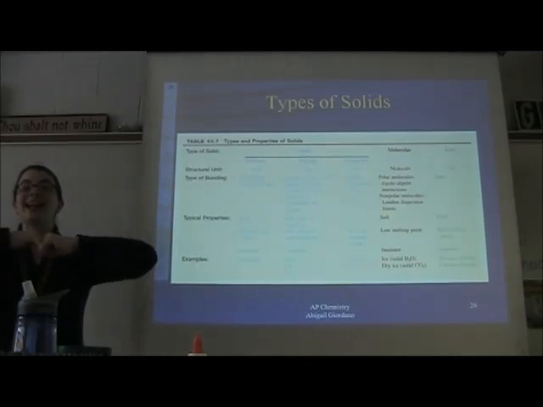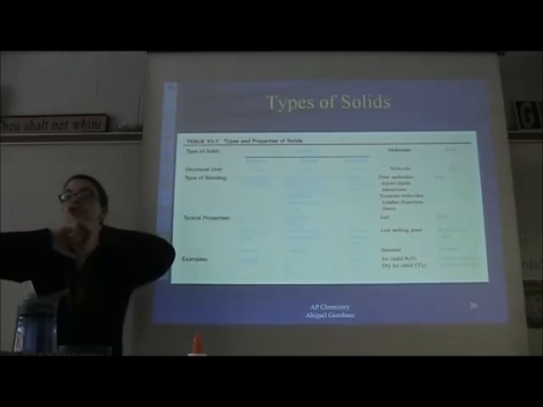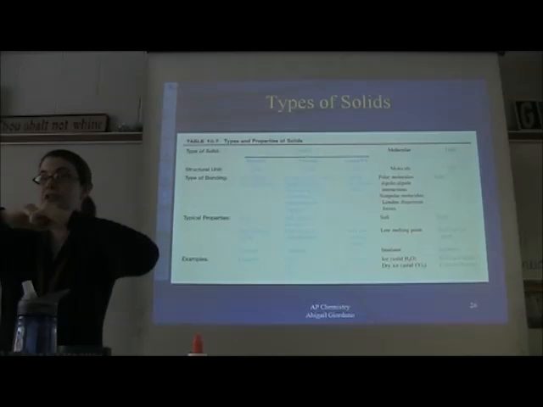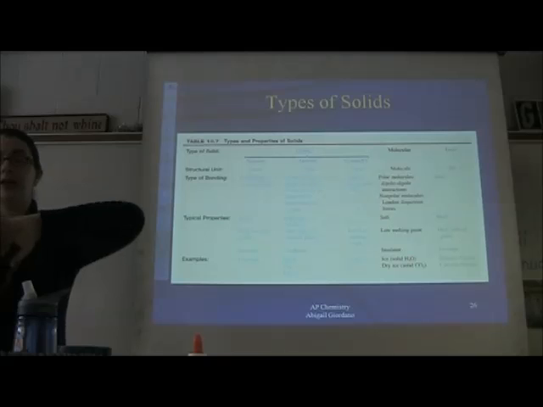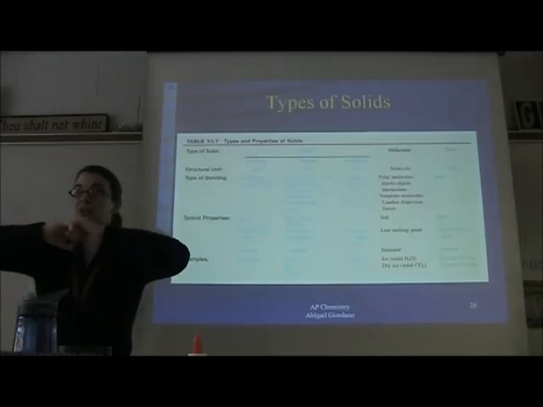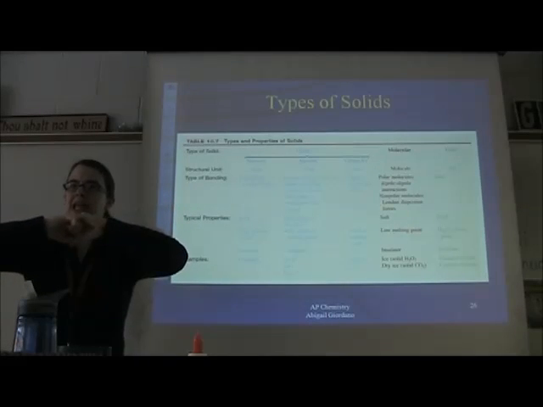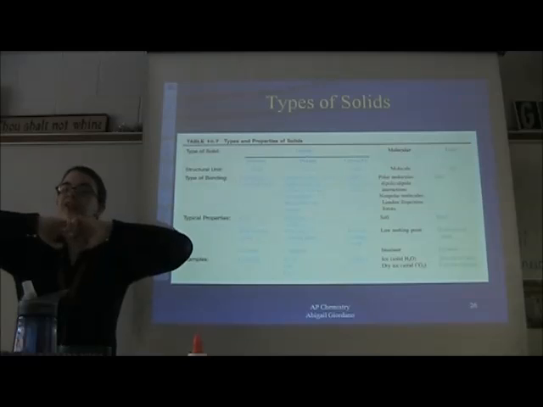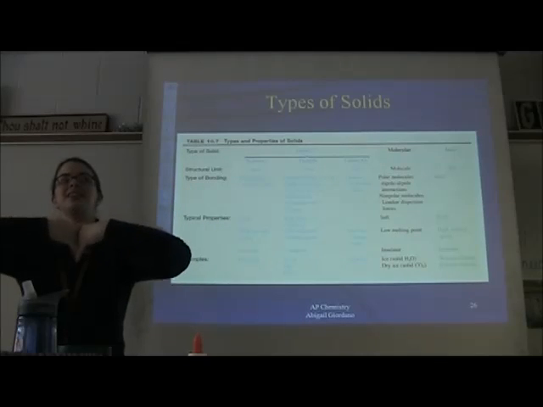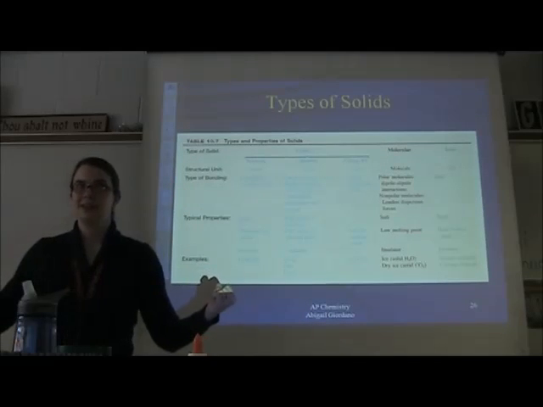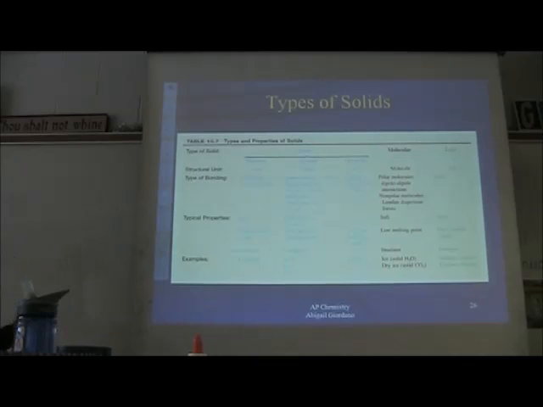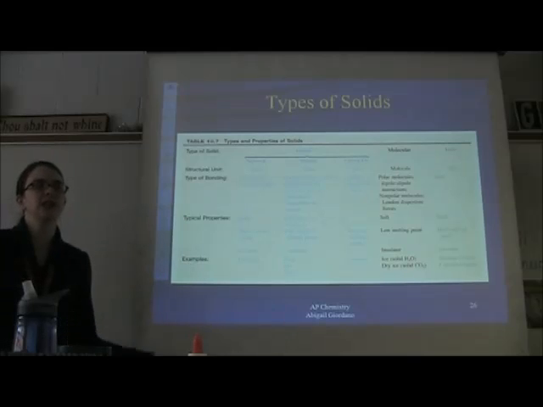And folks, that is an incredibly strong force of attraction. And if something is held together really, really tightly, it doesn't easily come apart. It doesn't easily melt. Remember I asked you the question, have any of you ever seen liquid table salt? And what did you say? No. Why not? How come we haven't seen that?